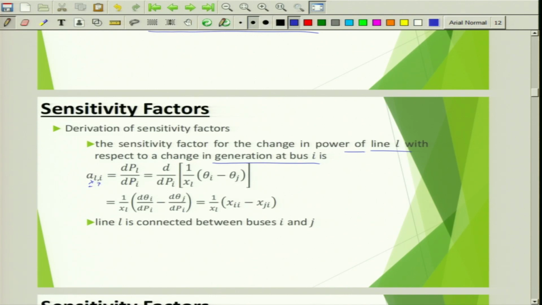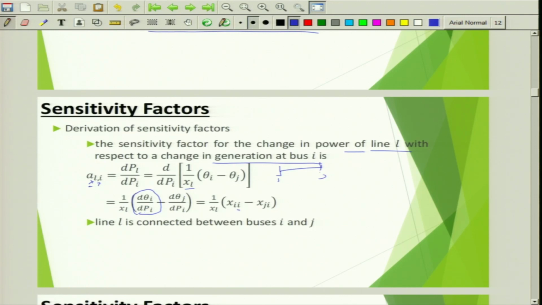dPL by dPi. This is nothing but 1 by XL into theta I minus theta j, because the line is situated between bus I and bus j, and the change in angle between bus I and bus j is the reason why this power flow is happening. So now you do the partial differentiation, and this is nothing but 1 by XL into d theta I by dPi minus d theta j by dPi.